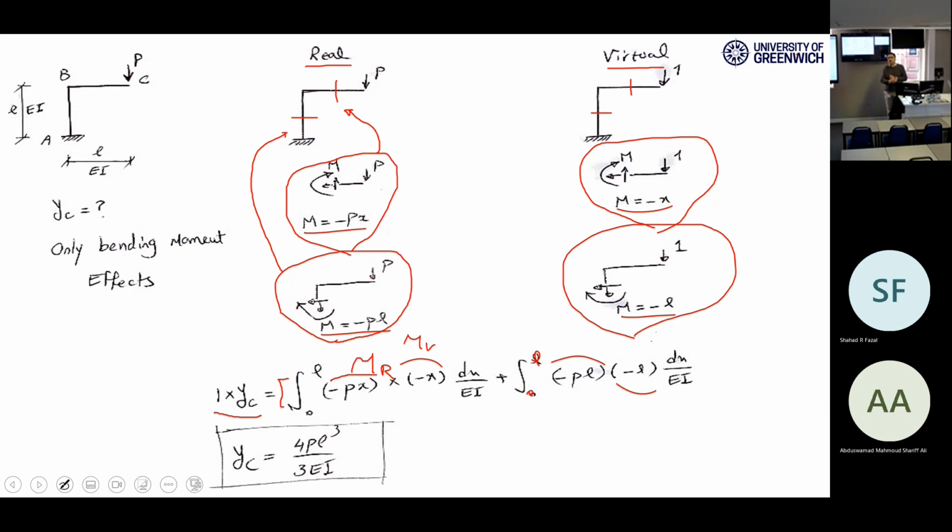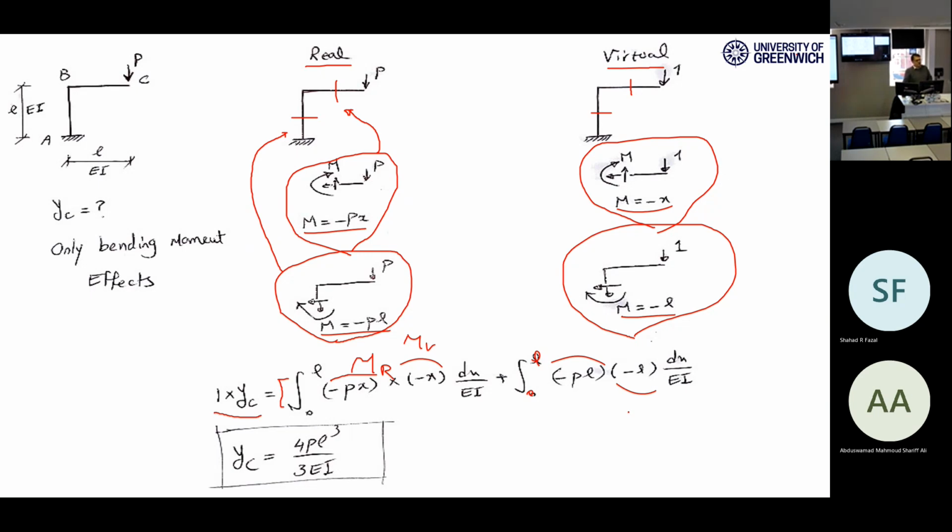You don't have any unknown in the right-hand side of your equation. It's just an integration over x. E and I are just constants. If you do that, you will come up with 4PL³ over 3EI.